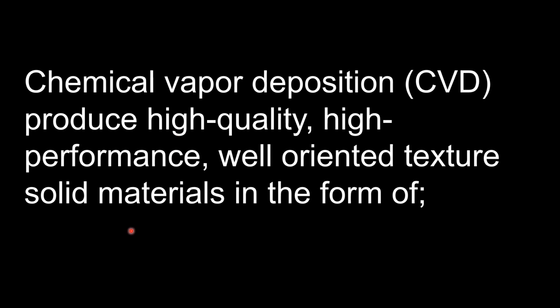You can prepare different types of well textured, well oriented, high performance material from the chemical vapor deposition process. Some of the types of material which may be produced by chemical vapor deposition are as follows. You can produce different types of thin films with the help of the chemical vapor deposition process.